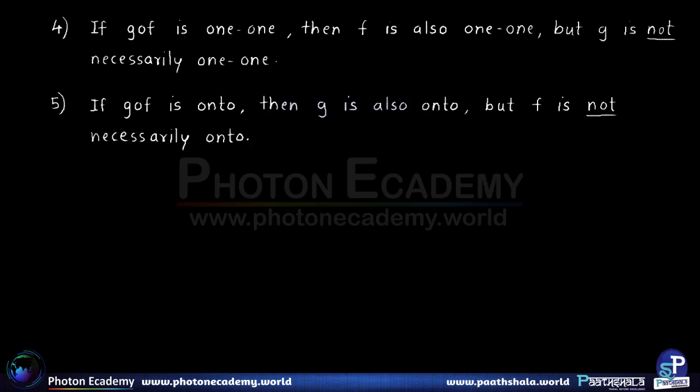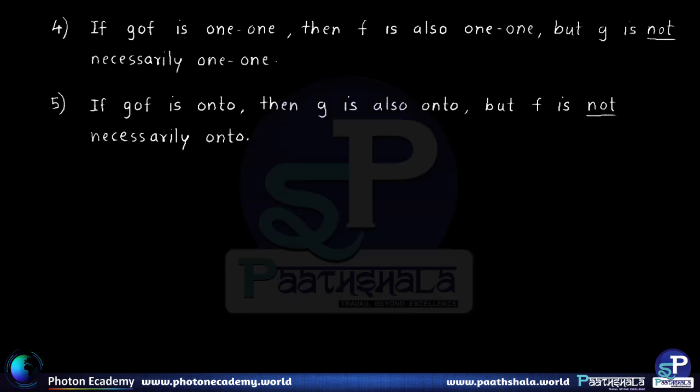Now the fourth property is, if g of f is 1-1, then f is also 1-1, but g is not necessarily 1-1. Here, g of f is 1-1, which means f is also 1-1, and by f we mean the function which is written afterwards but in actual sequence comes first.